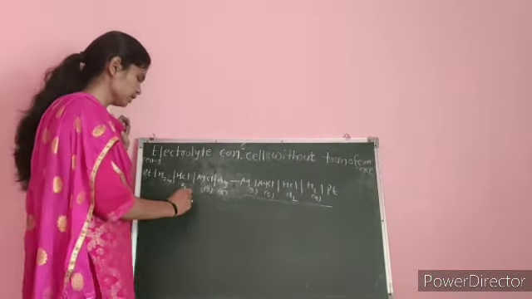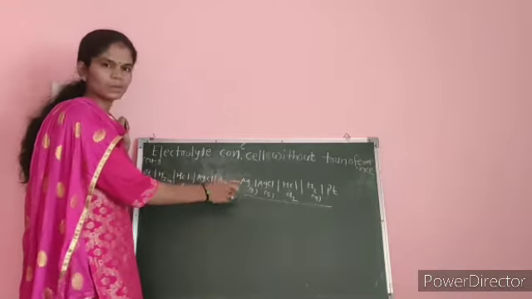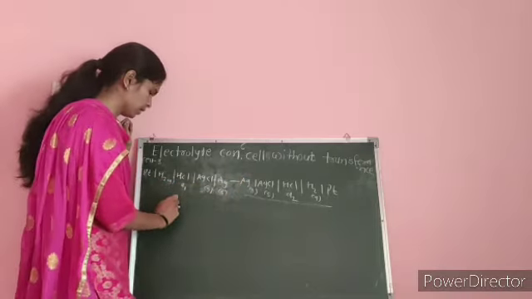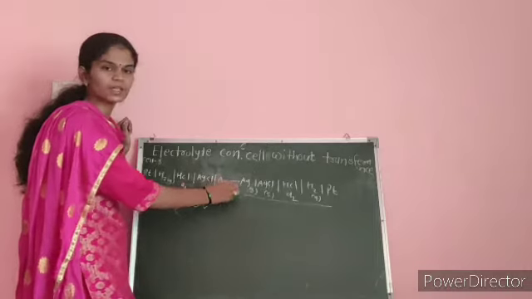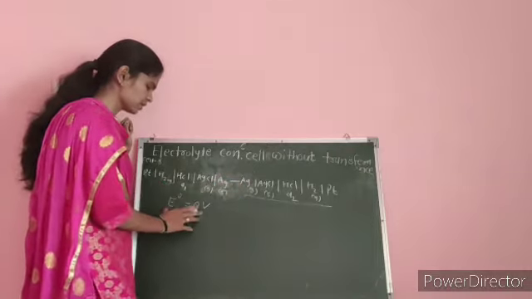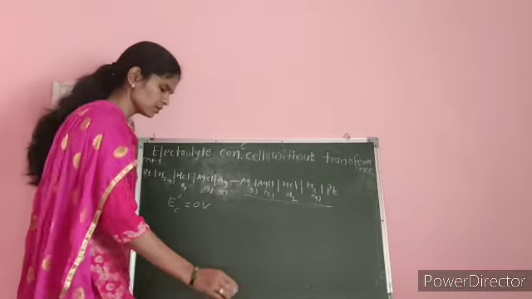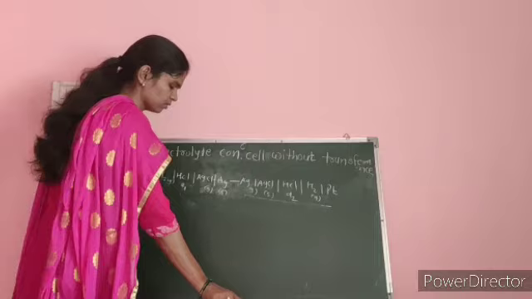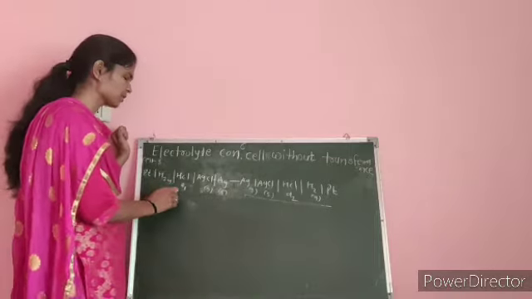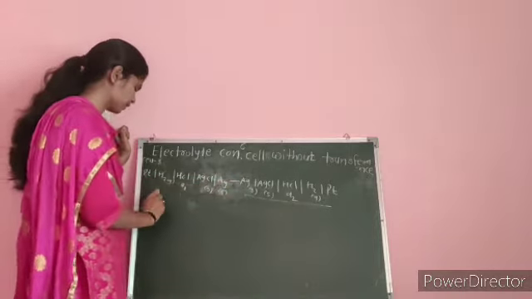Firstly write down here same electrode are present, therefore E naught cell is equal to 0 volt because same electrodes are present. Next is the Nernst equation becomes for cell third is combining or difference between cell first and cell second.